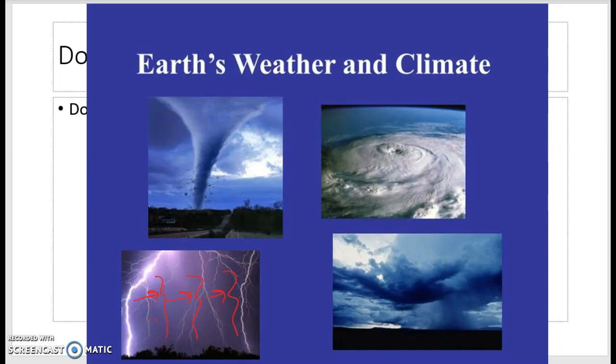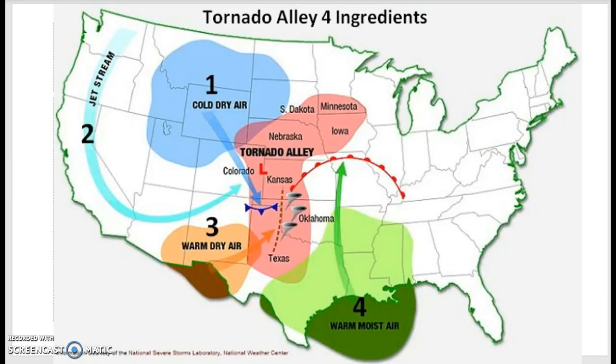So the biggest thing that causes significant weather is those warm air masses, cold air masses, dry and humid mixing with each other. So collectively, if we talk about the United States, we can get Tornado Alley. So we see Tornado Alley is here in the reddish color. We get dry, cool air that usually comes from Canada because there's a continent there.